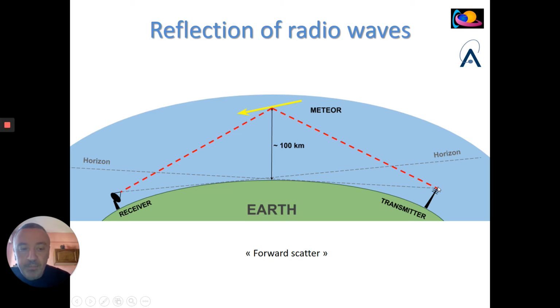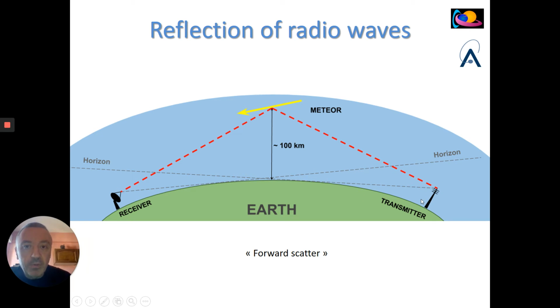By direct signal, I mean the signal propagating on the ground, as illustrated here by this gray line. And the receiver cannot record anything because the transmitter appears below the horizon as seen from the receiver. So the receiver here can only record local noise, let's say, at this frequency.